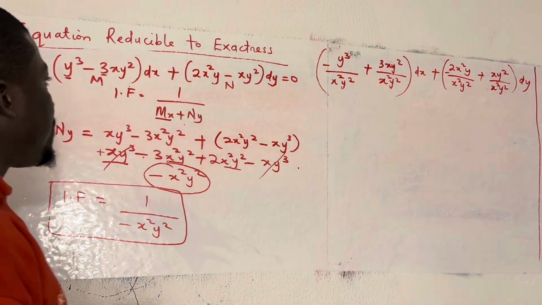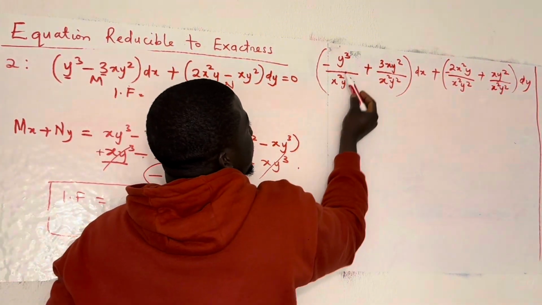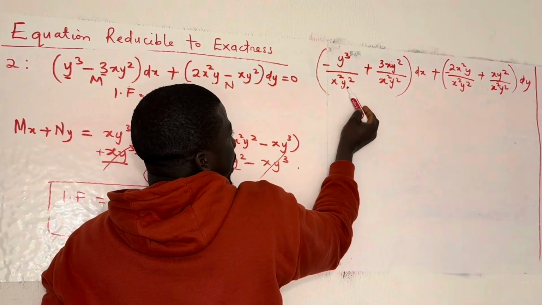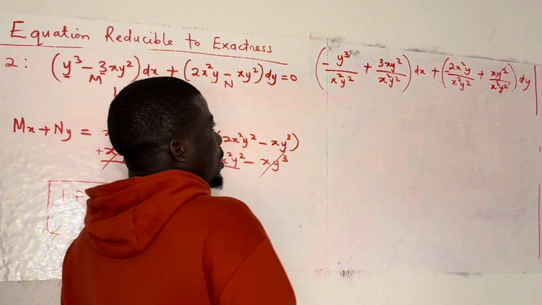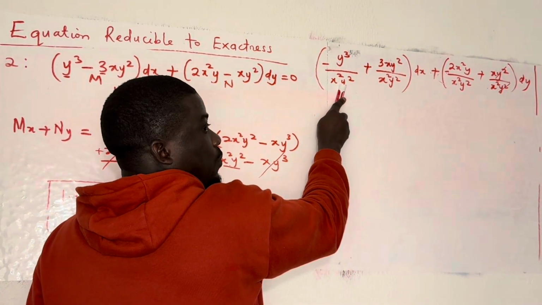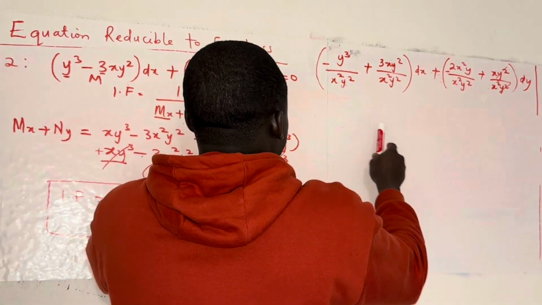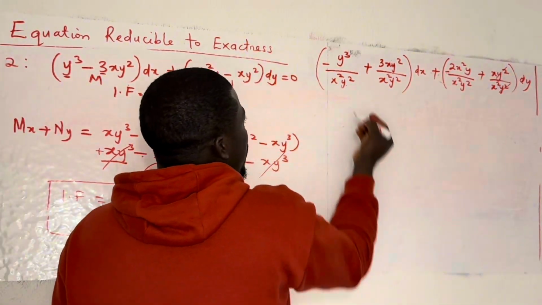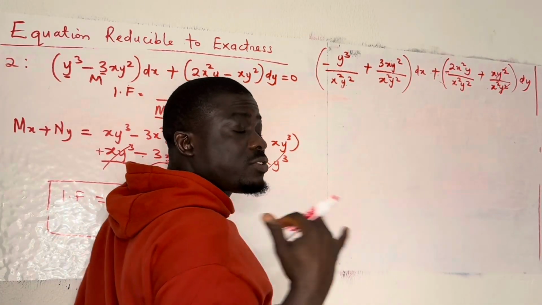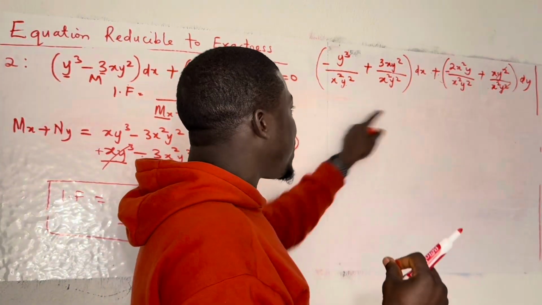Am I making sense? Now, let's divide. We have y cubed here and we have y squared. Now, this is our integrating factor. Our integrating factor will be used to multiply each of the terms.